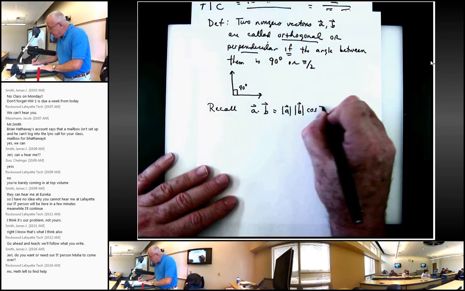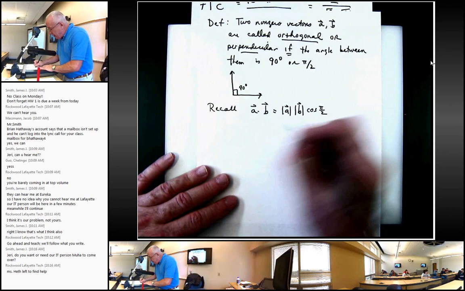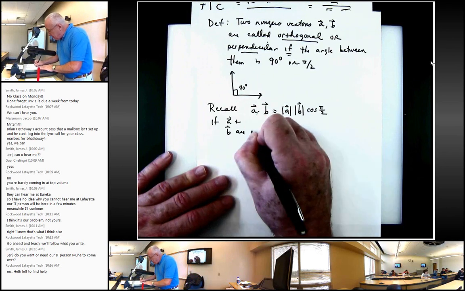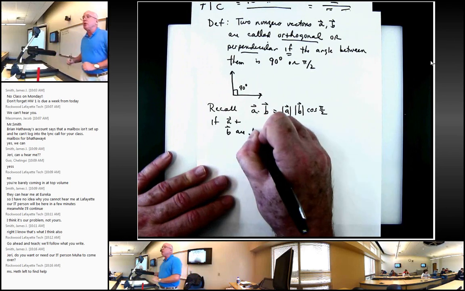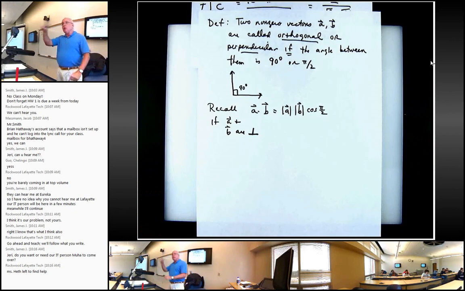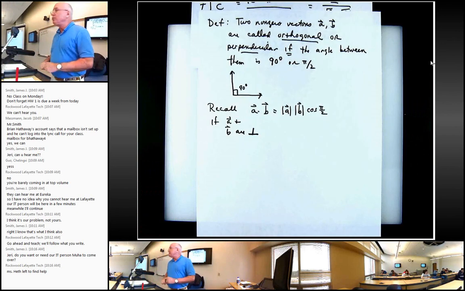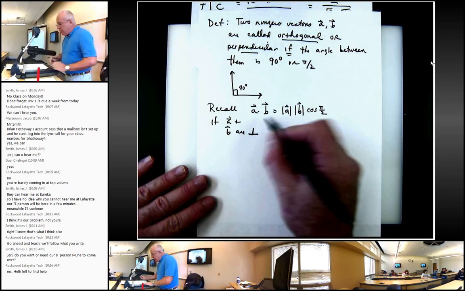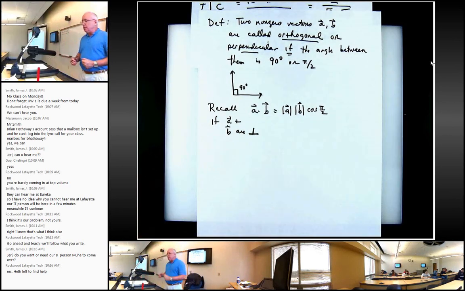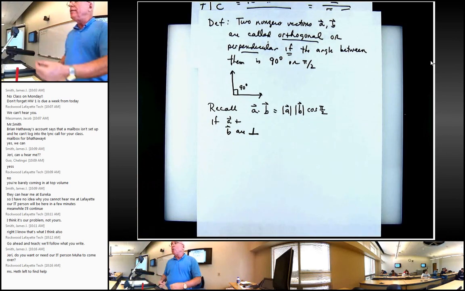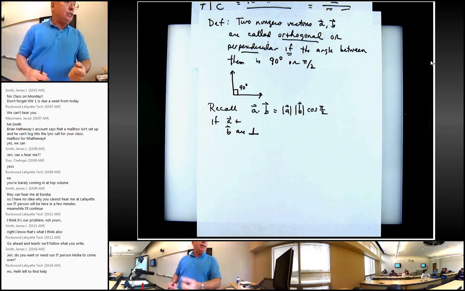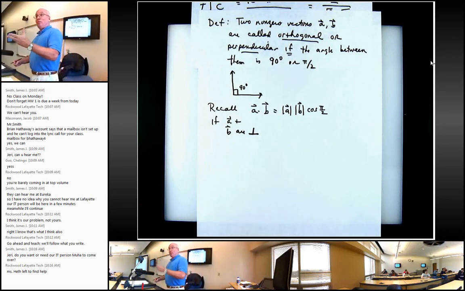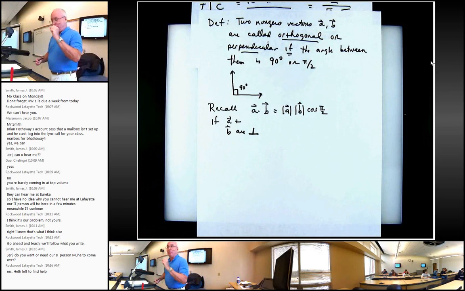In this case, if A and B are, and this is some shorthand that I'm also going to start to use, perpendicular, where you have that upside down T, all right? If they are perpendicular, then their dot product, magnitude of A, magnitude of B, times the cosine of 90 degrees, is equal to 0.